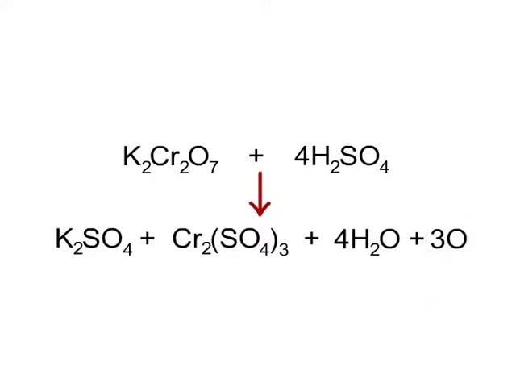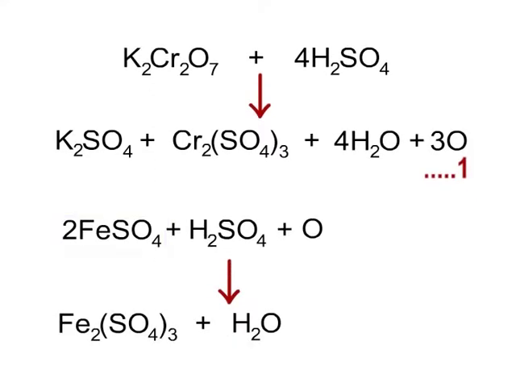The chemical equation showing this reaction can be named as equation 1. Ferrous sulfate reacts with sulfuric acid and nascent oxygen to form ferric sulfate and water. The chemical equation showing this reaction can be named as equation 2.